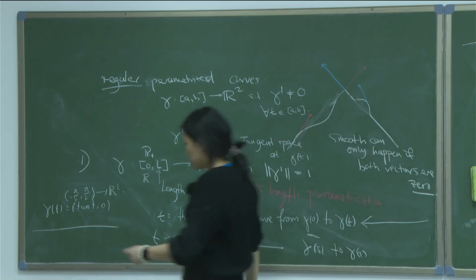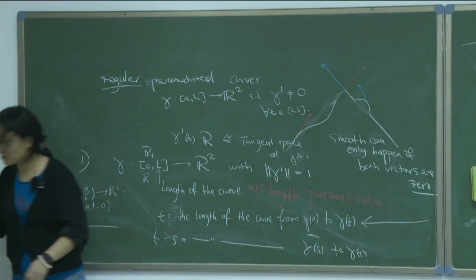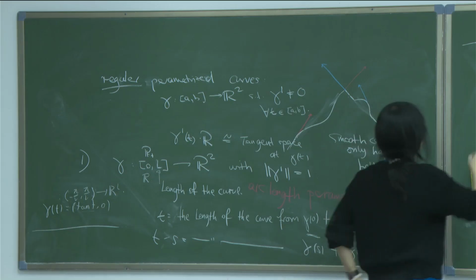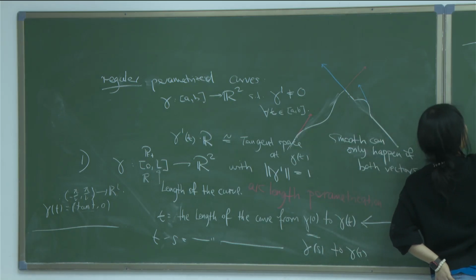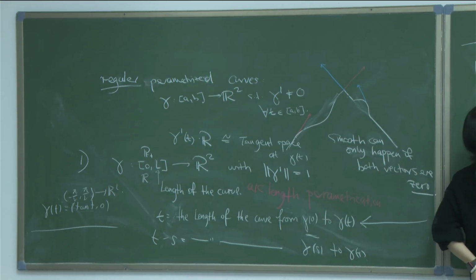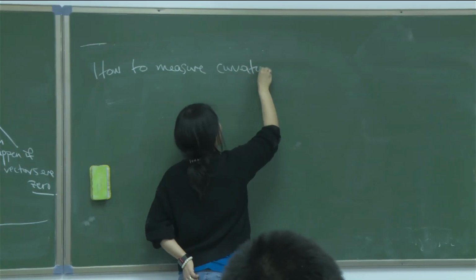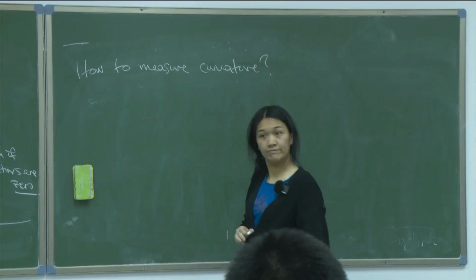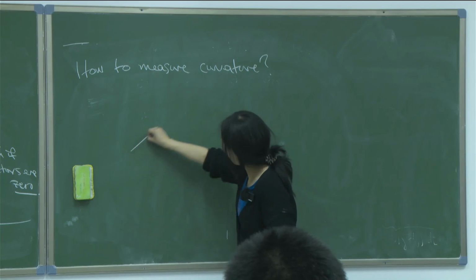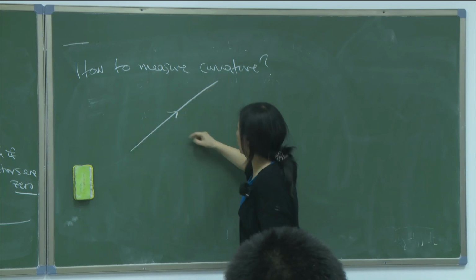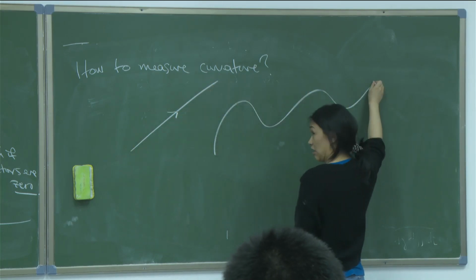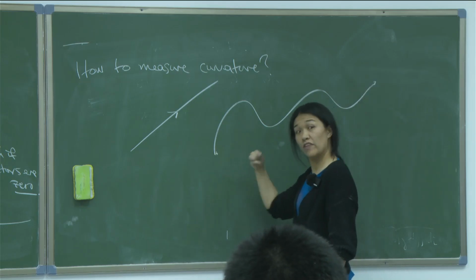How to measure that the curve is curved? I have a straight line, or I have something like this. So how would you measure that?